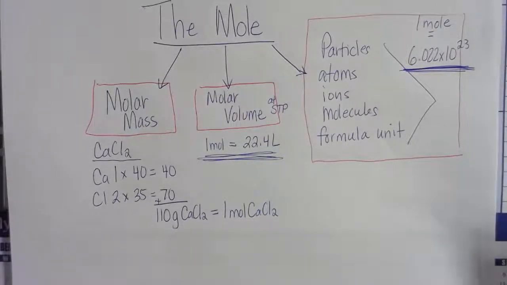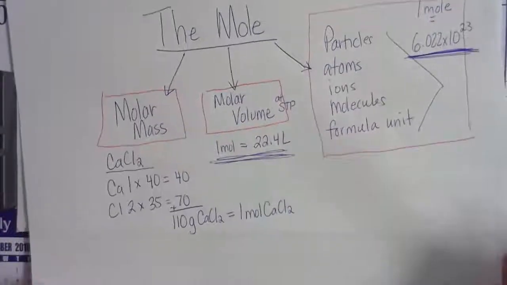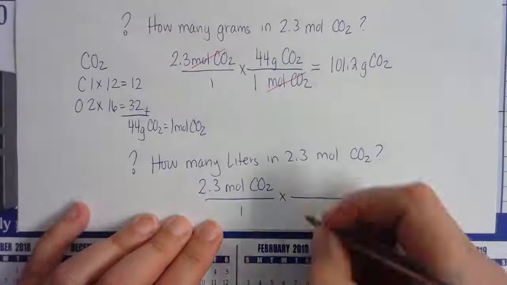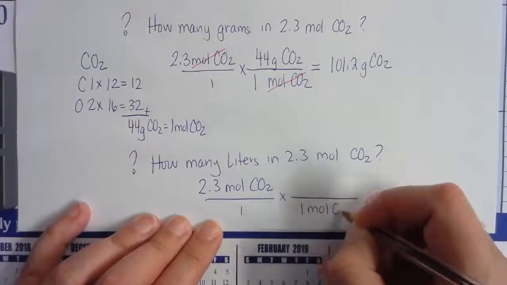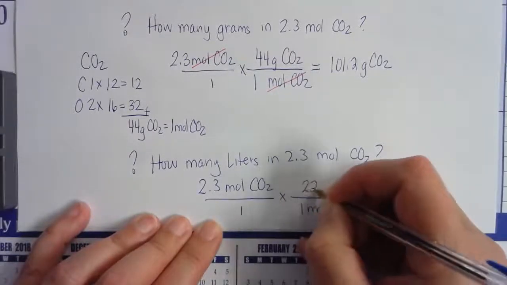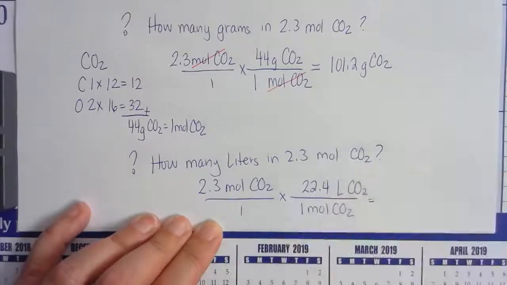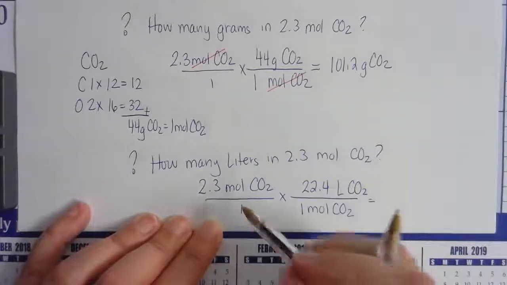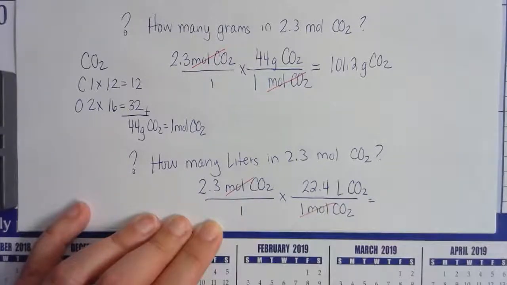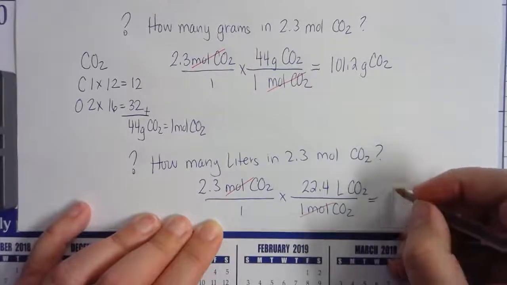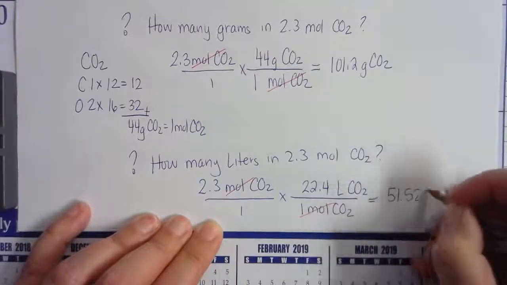Molar volume. So this 22.4 liters. Okay. What unit goes on the bottom? 1 mole of CO2. And then 22.4 liters of CO2 would go on the top. Let's check our units. Moles cancel. I have liters, which is what I needed to find. So I'm going to take 2.3 times 22.4, and I got 51.52 liters of CO2.